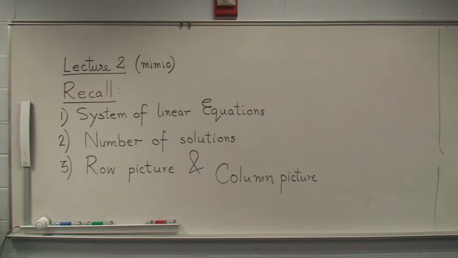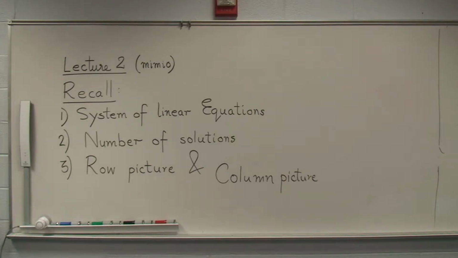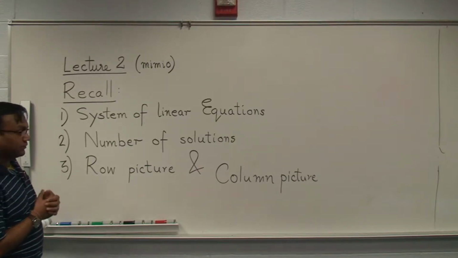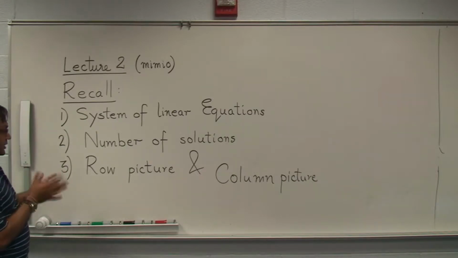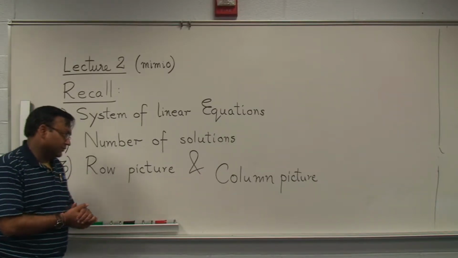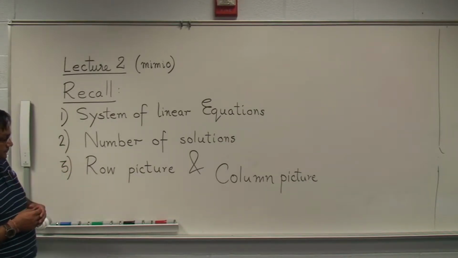We started with the system of linear equations. We talked about the number of solutions a system might have, and we saw that a system could have no solution, it could have exactly one solution, or it could have also infinitely many solutions. Then we saw two ways of looking at the same system of equations. One was the row picture, where we looked at it in terms of rows.